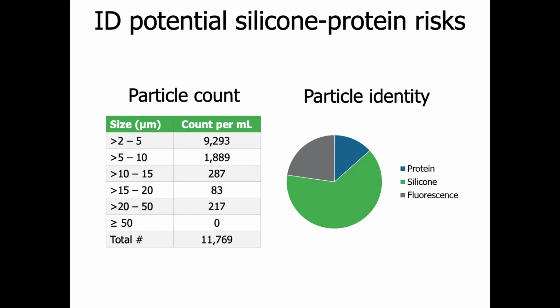On the right-hand side, you can see the distribution of materials found in the sample, showing that most particles that were analyzed were silicone droplets, but also we found a considerable amount of protein aggregates. Like in this example, Hound is often used to analyze protein aggregation or potential interaction of the sample with primary packaging.